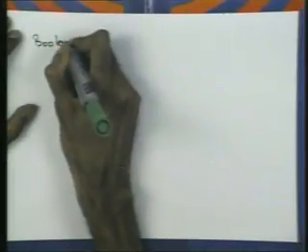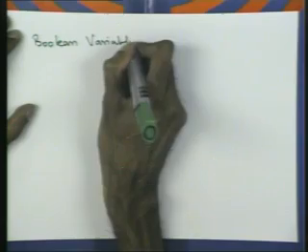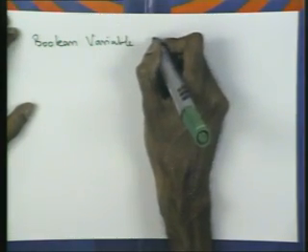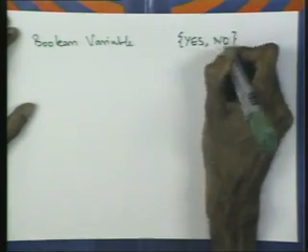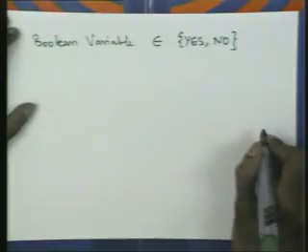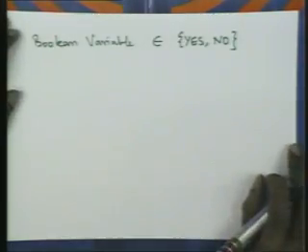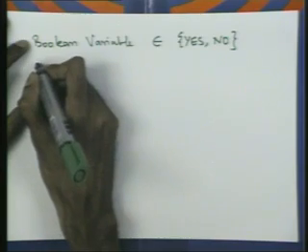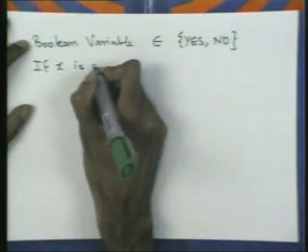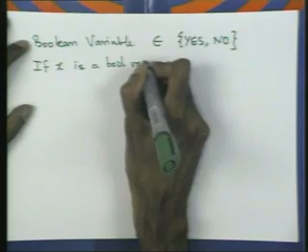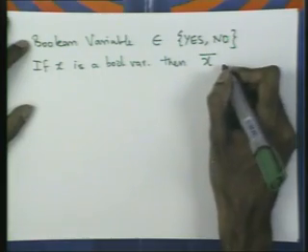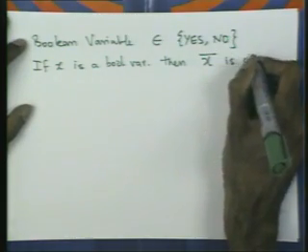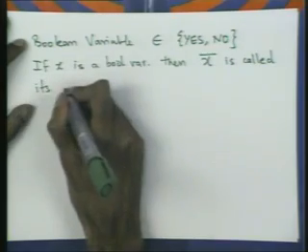So a Boolean variable is a variable which takes values in the set yes, no. It takes two values, yes or no. Now if x is a Boolean variable, then x bar is called its negation.